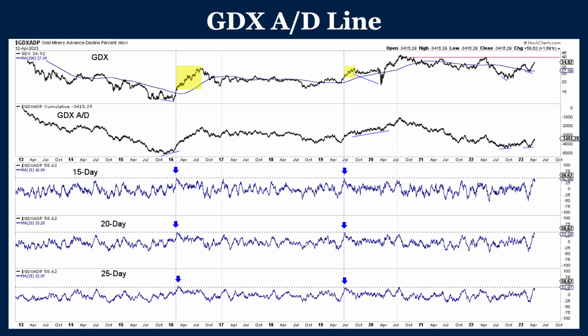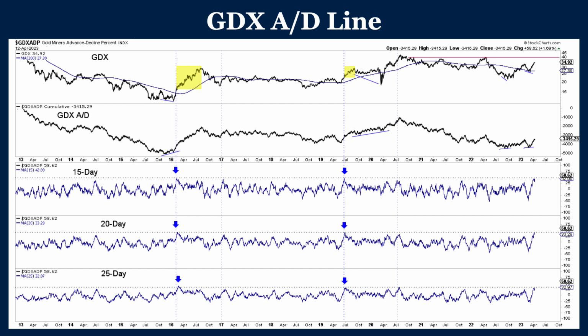The reason why breadth thrusts are important and can be a really good leading indicator is because breadth overall is a great leading indicator, because you're looking at the performance of the market or a sector. When the market or the sector is at its strongest point and healthiest, it has the strongest breadth. It has the strongest participation.